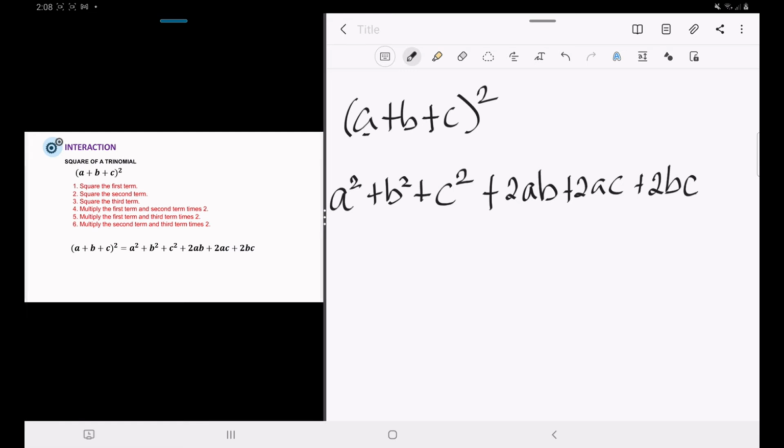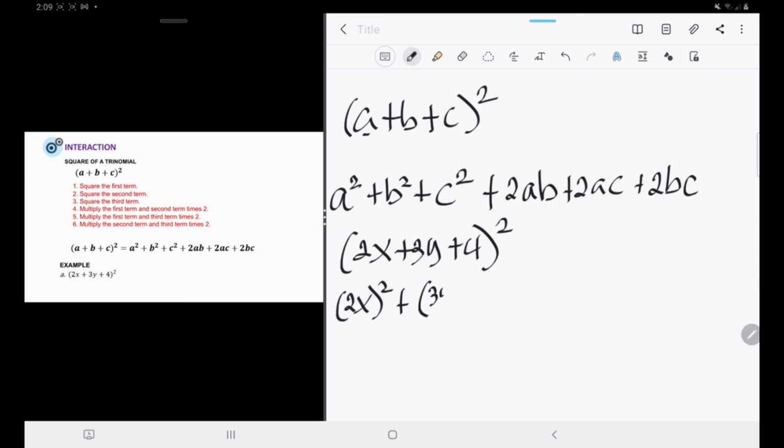For example, we have here 2x plus 3y plus 4 squared. Okay, so we have the square of the first term, 2x squared, plus the square of the second term, 3y squared, plus the square of the third term, 4 squared. Then plus 2ab, so 2 times the first term and second term.